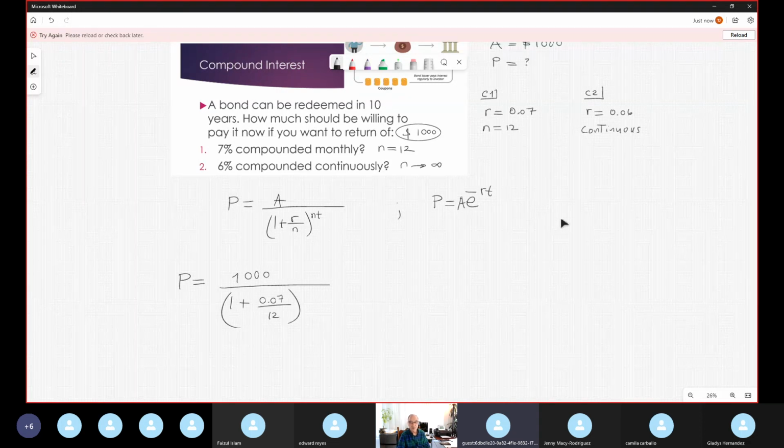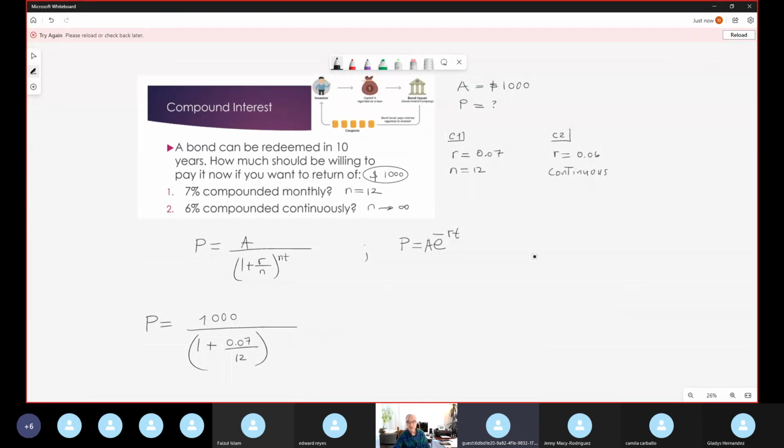I forgot that part, and it is important. T is given, 10 years. Then in the formula we have the multiplication n times t. N is 12 and t is 10, so 120 is the exponent. Okay, cool. This is the present value in the discrete problem, condition 1.